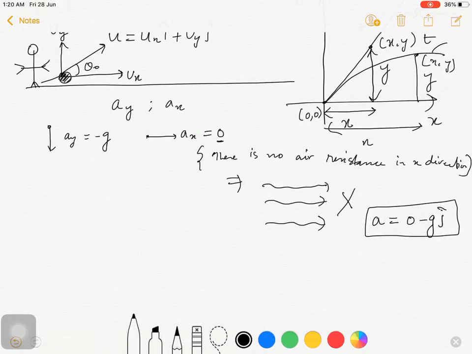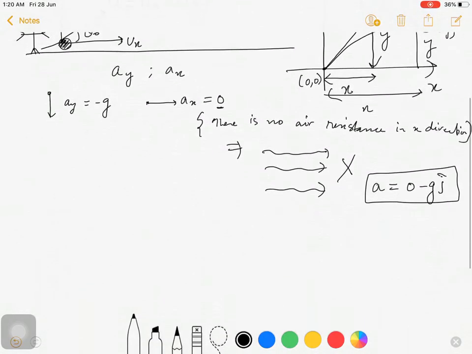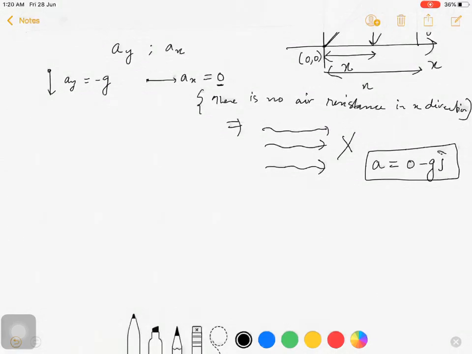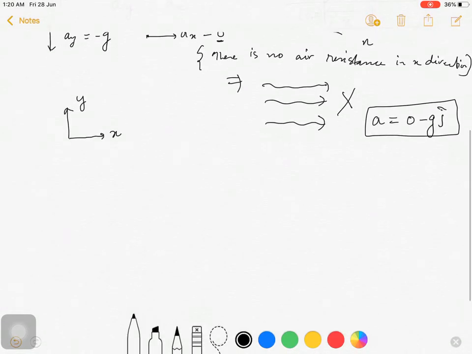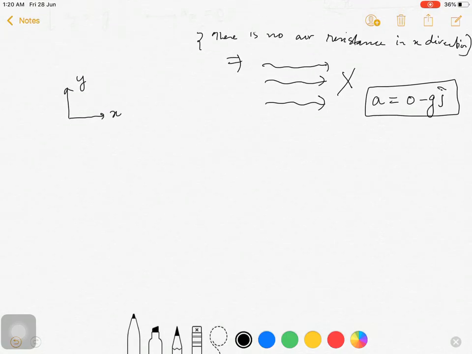Now you can see that projectile motion is nothing but a combination of motion in two dimensions, first in y dimension and second in x dimension. So how is the motion in y dimension? A football has initial velocity uy, so it will move in y direction like this, and it will return to the ground like this after reaching a maximum height h.